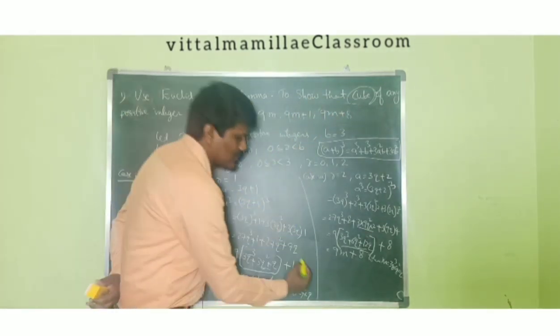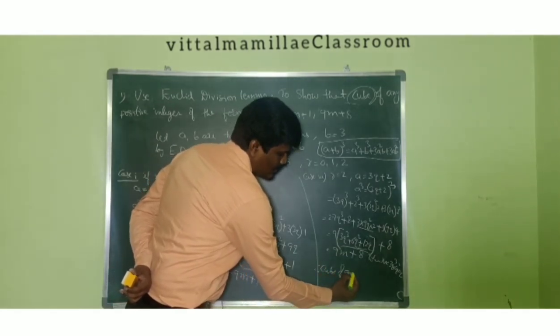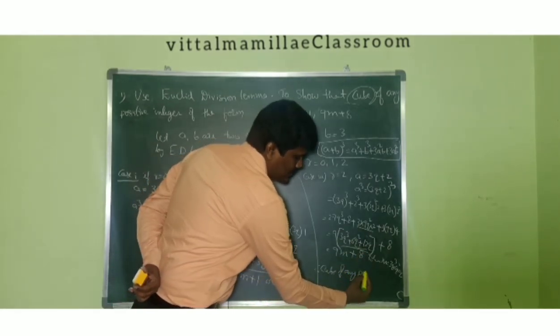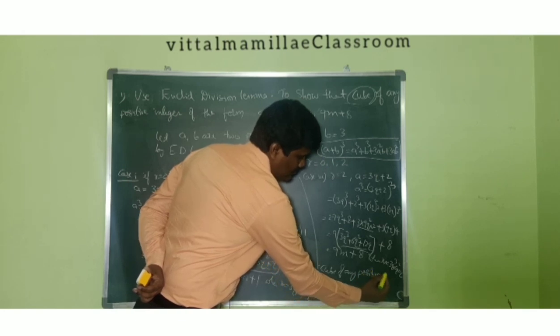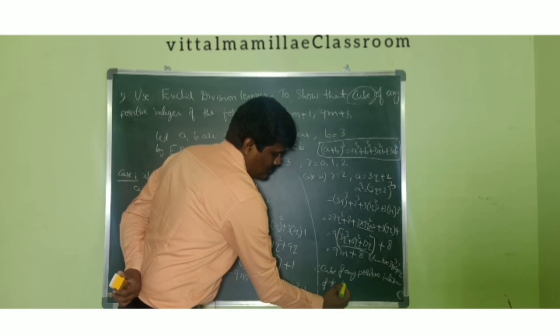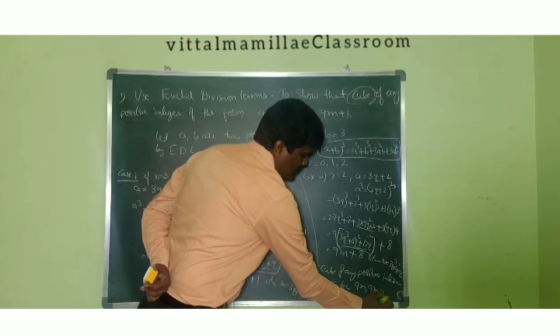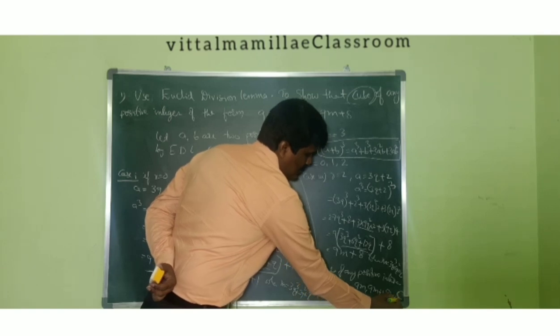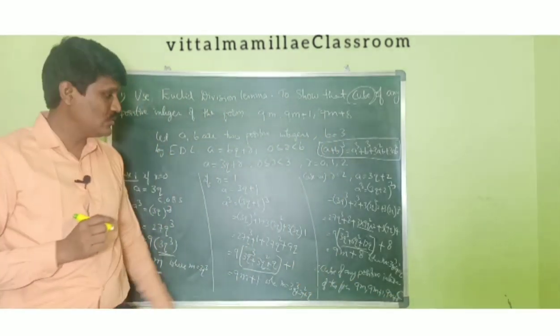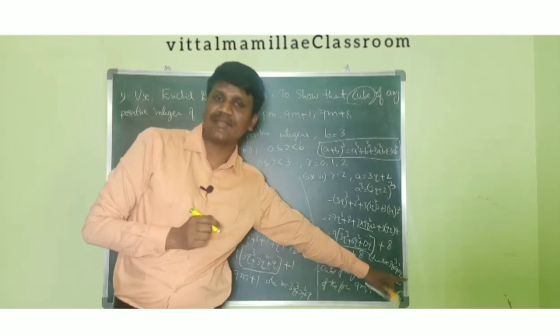So I can conclude that the cube of any positive integer is of the form 9m, 9m plus 1, or 9m plus 8.